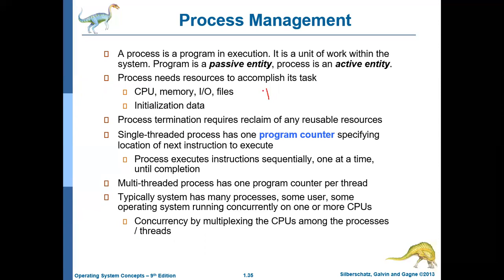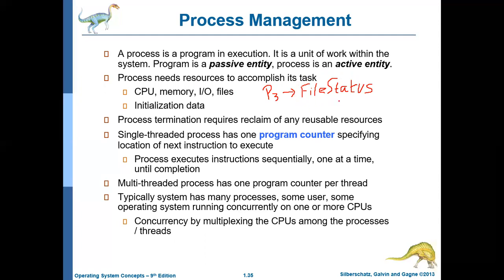Let us call this process P3, and it displays the file status. The job of the process is to display the status of a file: whether the file is currently opened or not, whether the user has read access or write access to the file, or how many lines of data the file contains. This process may provide all these things, but before starting, it may need initialization data. What is that? For example, say this is the system call.